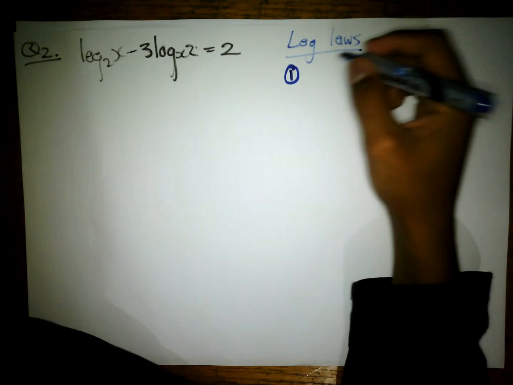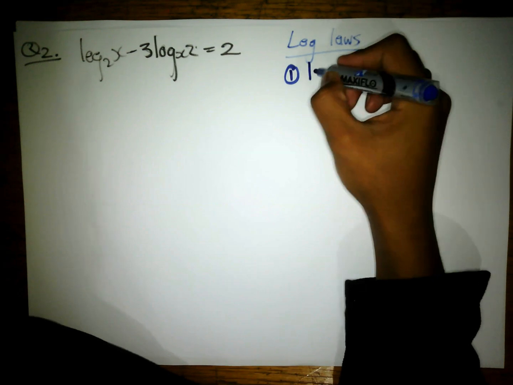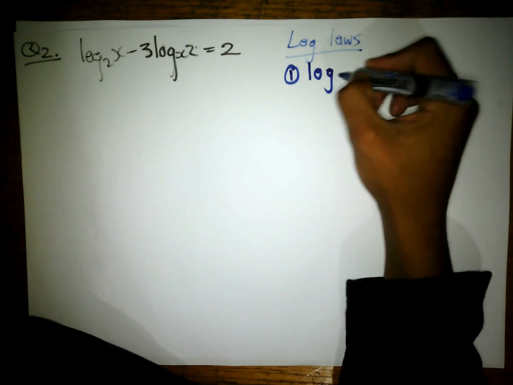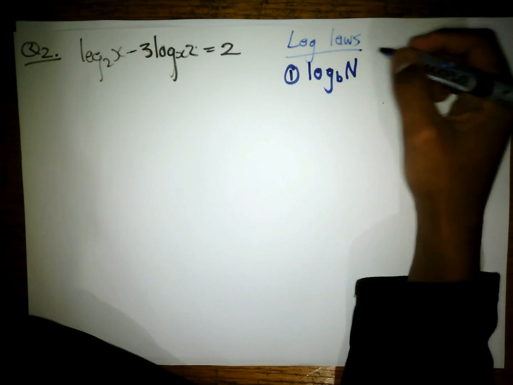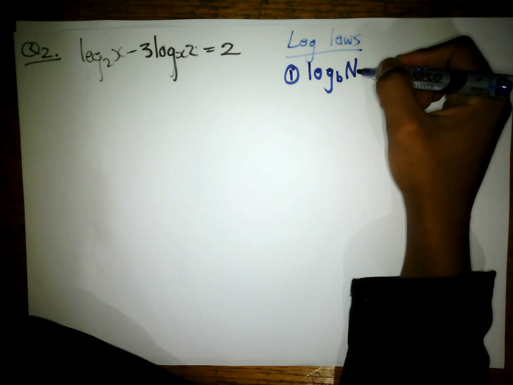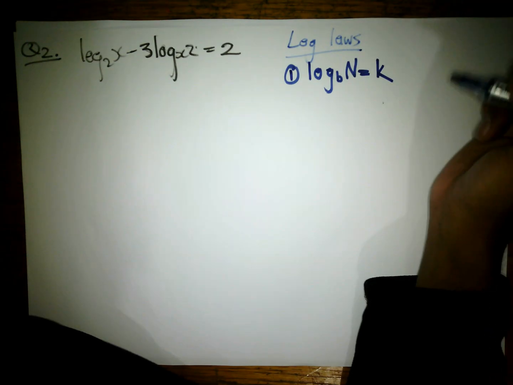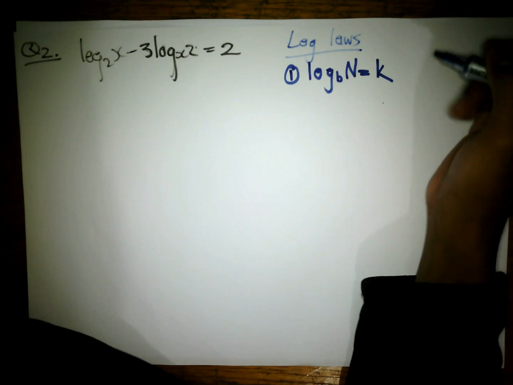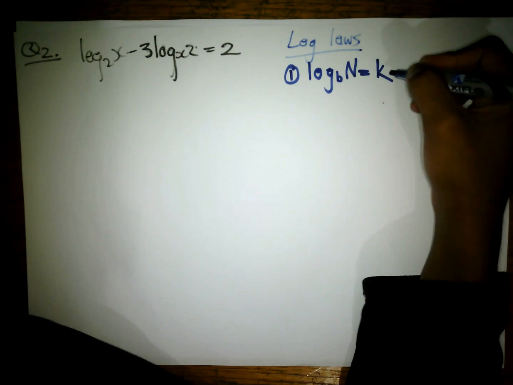Okay, so first law. We have a log, a base, and a number equal to an exponent. So b is the base, n is the number, and k is the exponent.